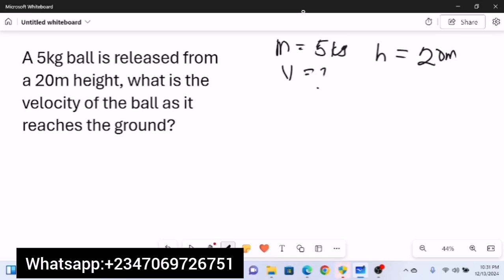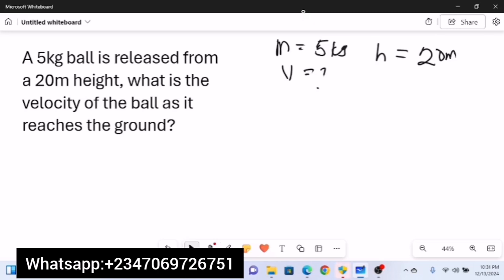From the idea of energy transformation, we talked about an object at a height, and we said if an object is at a height, it means that object possesses what is called potential energy. But when that object is released from that height, that potential energy is being transformed into what? Kinetic energy, because now that object is set into motion.